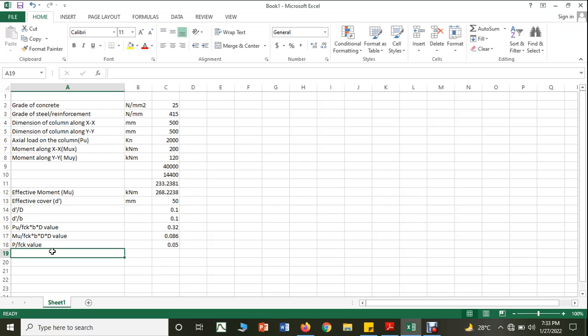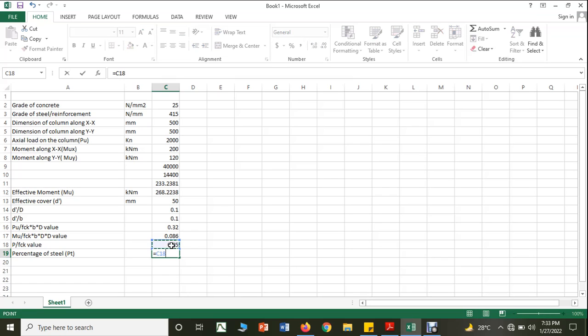Therefore I can get the percentage of steel, Pt, equal to this into 25, that is 1.25%.